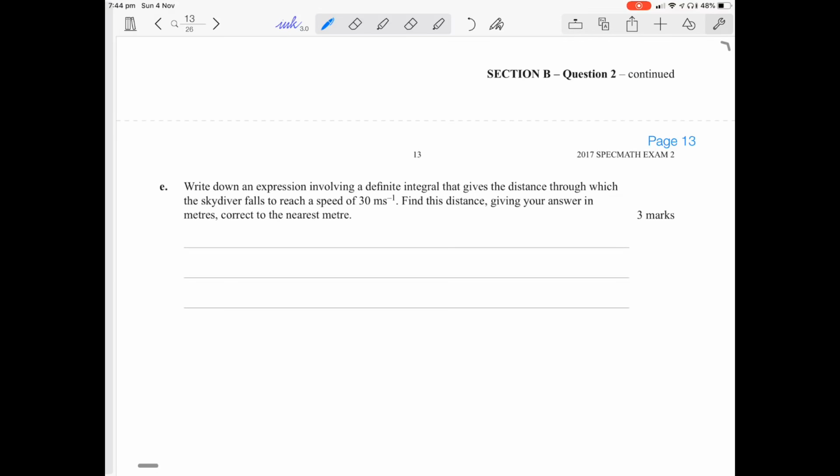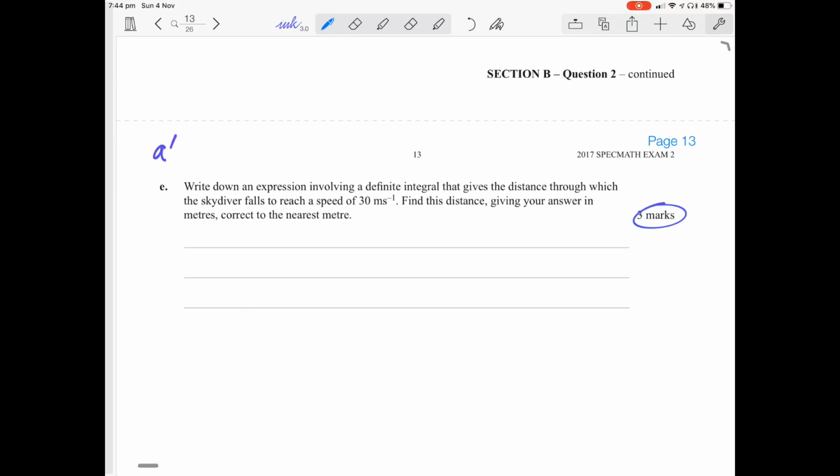Write down an expression of definite integrals for the distance through which the skydiver falls to reach a speed of 30. Find the distance. 3 marks, 3 lines. Okay, distance. So we know v dv dx. Don't forget it's not just dv dx equals this.